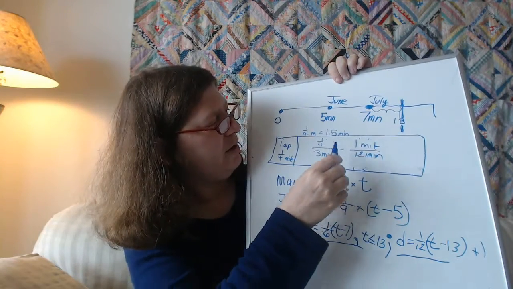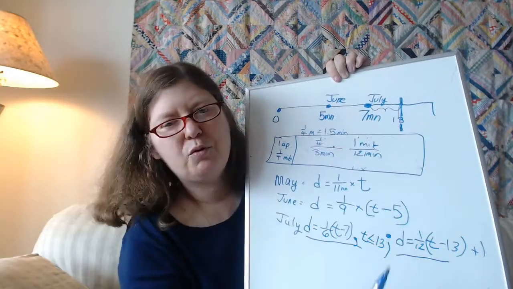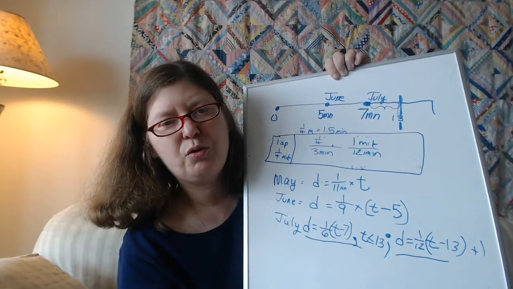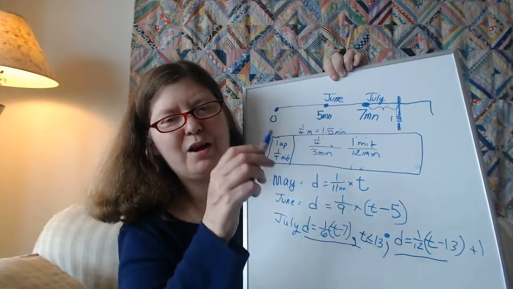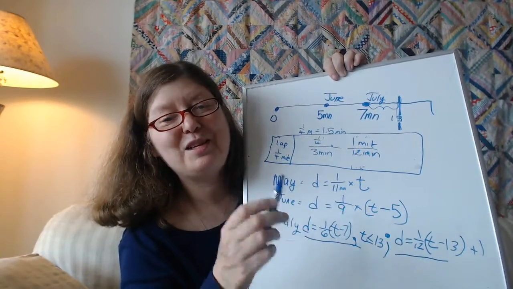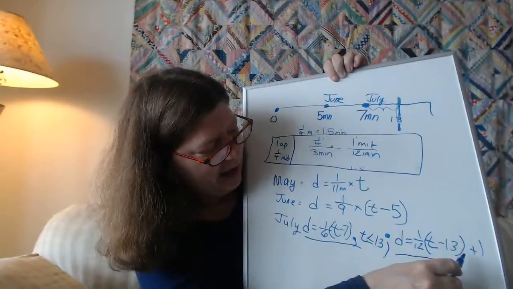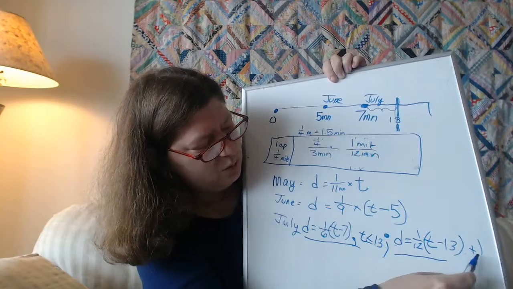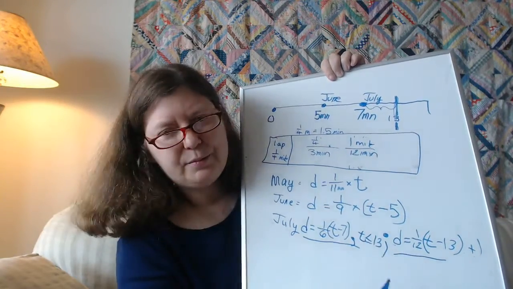In this first run, she did 4 laps, 1/4 of a mile each lap. 4 times 1/4 of a mile, that's a mile. So we add this 1 because distance is what we're adding up. We add this 1 for her first lap.